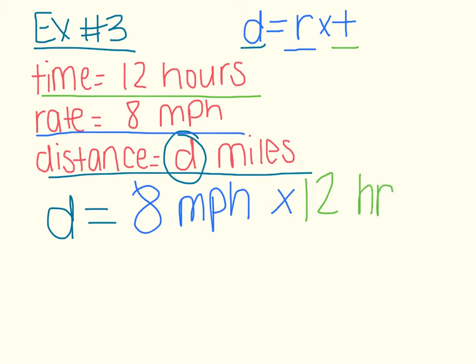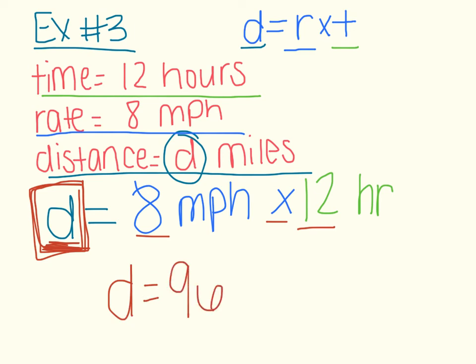Now, in this case, the variable is already over here by itself. There's no other numbers or letters next to it. So we just get to solve 8 times 12, which is 96. So we have D equals 96. So that becomes 96 miles.